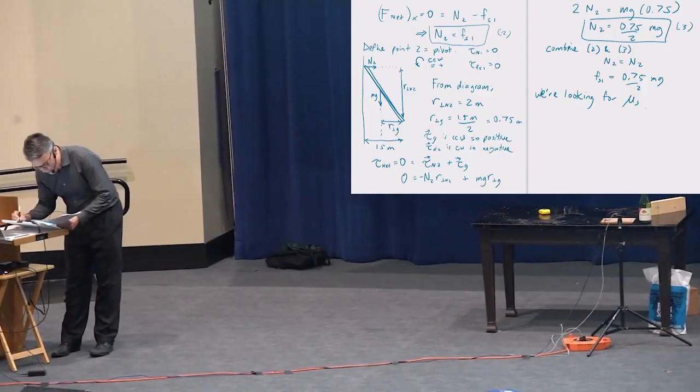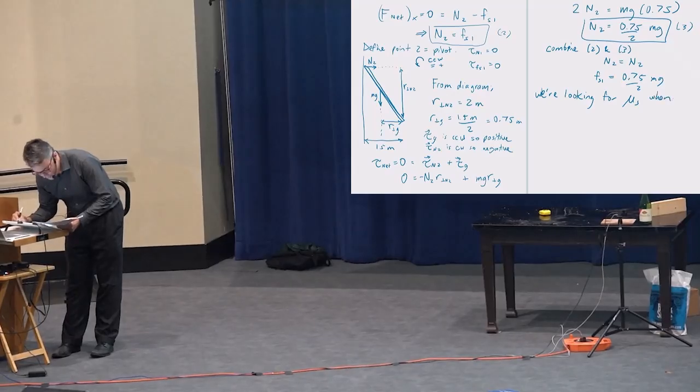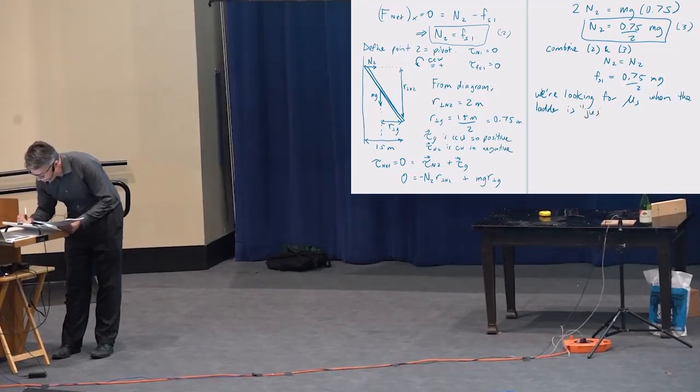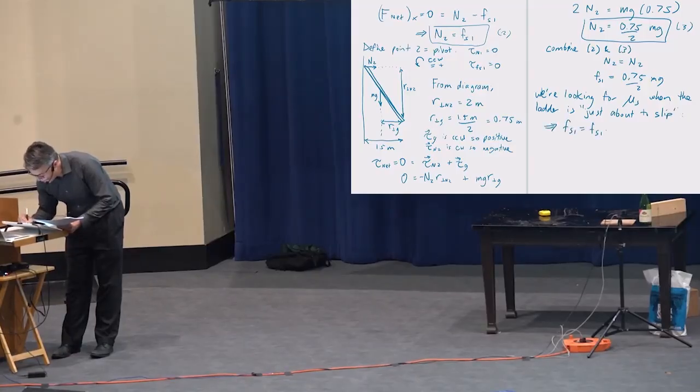So when the ladder is just about to slip, that's the only time you can use that equation for static friction. You use the static friction max to slip. So you've got that Fs1 is equal to Fs1 max, which is equal to mu sub s times N1.